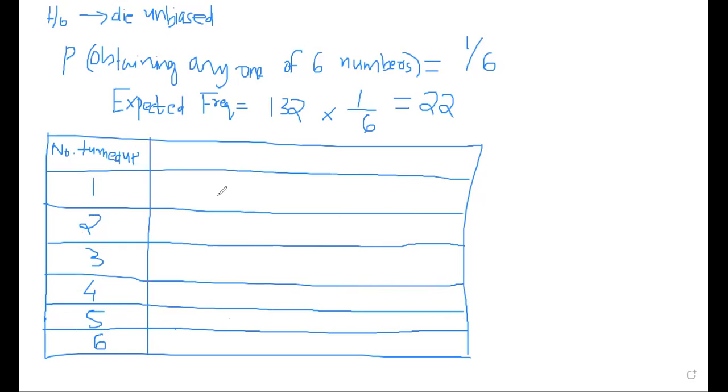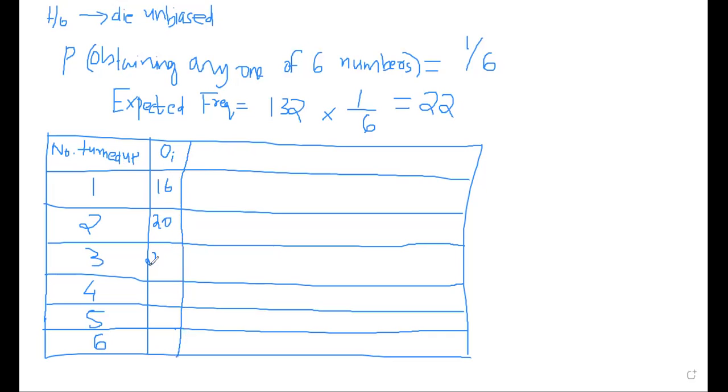Then the observed frequency, which I will write as OI. The observed frequency is already given in the question. Number 1, the observed frequency is 16. Number 2, it is 20.